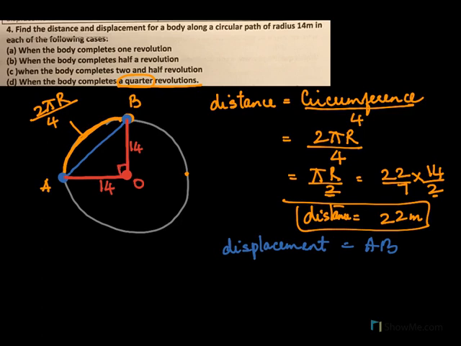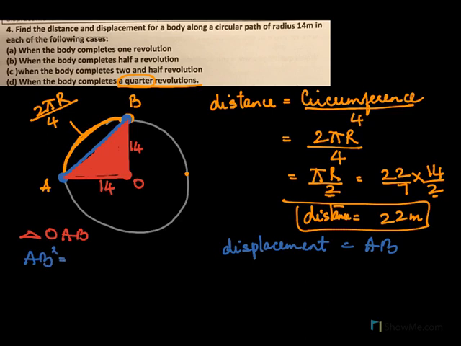Could you guess now how to find AB? We are going to use Pythagoras theorem in this triangle. This triangle we are going to do the Pythagoras and then we will find our AB. So let's get on to do the Pythagoras theorem. In triangle OAB, we know our hypotenuse is the blue one and that is AB square.